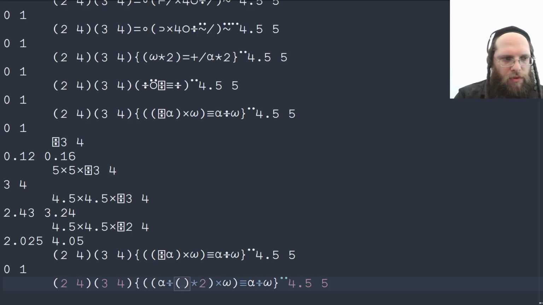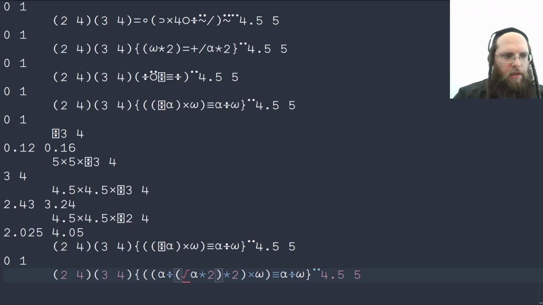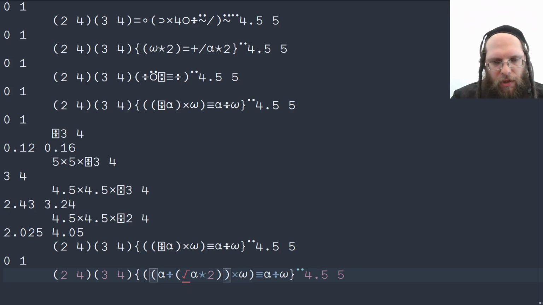And its magnitude is, of course, the square root of the squares of its components. Next up, we see that we have a square root here, but it's squared. So they cancel each other out.